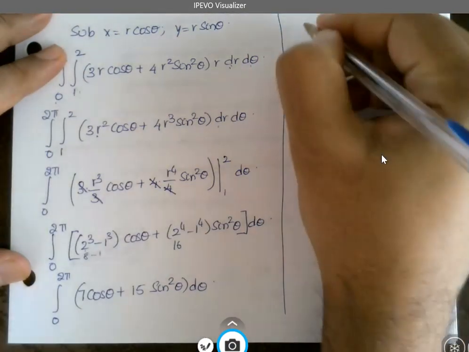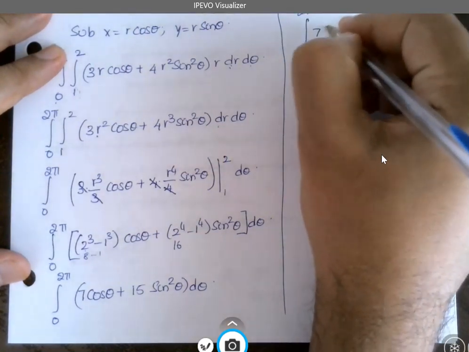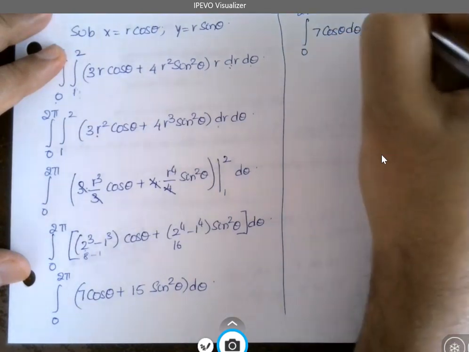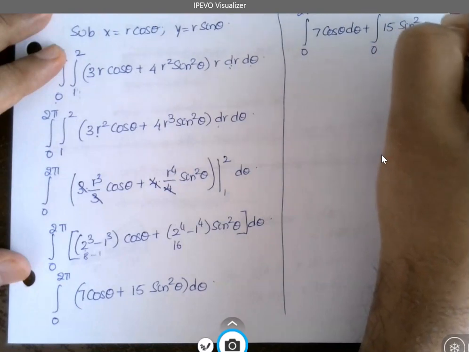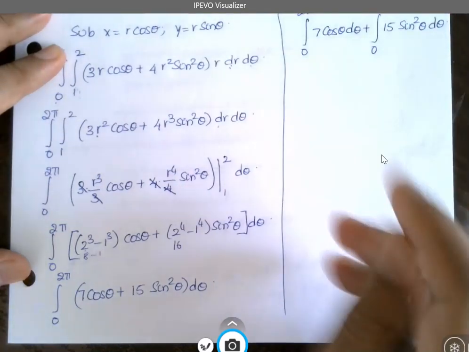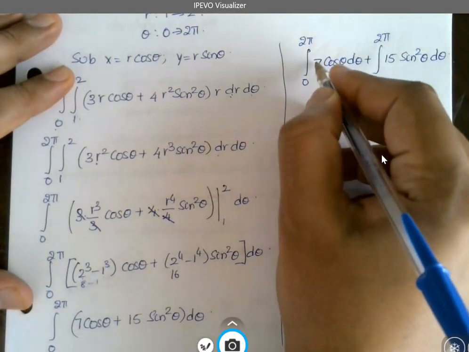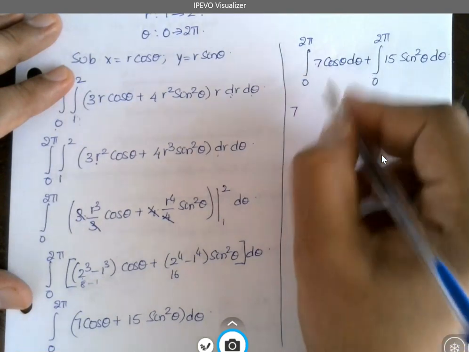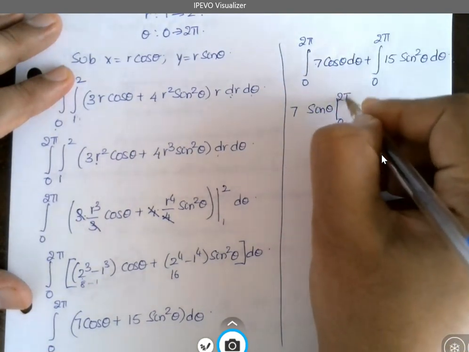So term wise, if you integrate 0 to 2 pi, you get integral 0 to 2 pi 7 cosine theta d theta plus integral 0 to 2 pi 15 sine squared theta d theta, right? Are you with me now? So now 7 is a constant, so pull it out, and the integral of cosine theta is sine theta, where your limit of integration is 0 to 2 pi.